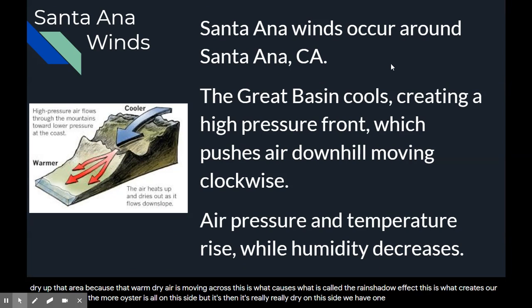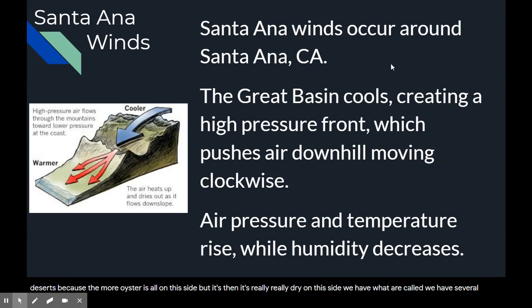Then we have several different kinds of winds. We've talked about the Chinook wind. This is the Santa Ana winds. These occur mostly around Santa Ana, California, because it starts in the Great Basin. The air in the Great Basin cools down.